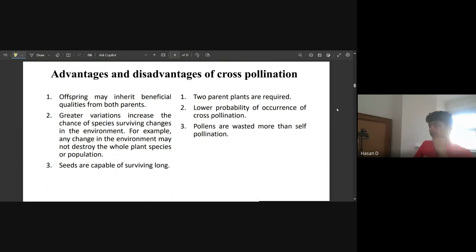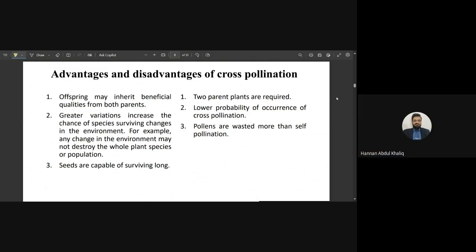Now, advantages and disadvantages of cross pollination. Let's see the disadvantages first. Two parent plants are required. Obviously, that is also a problem, because there is a difficulty.